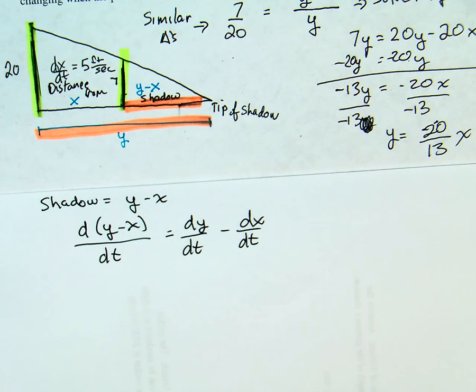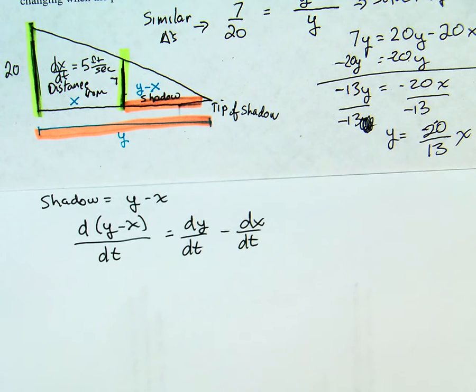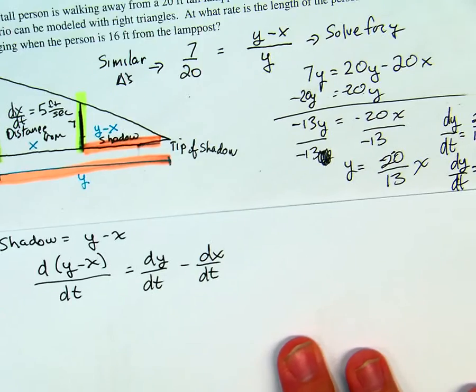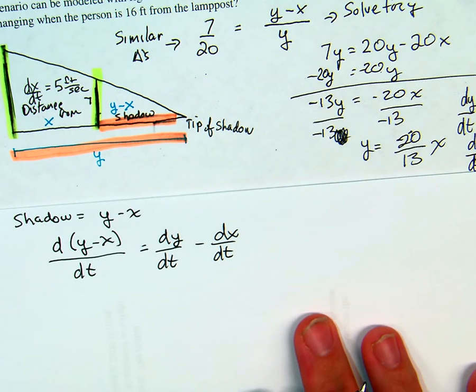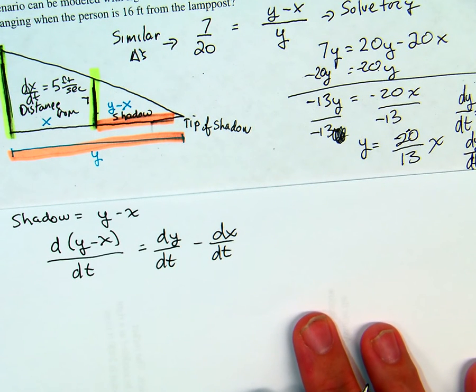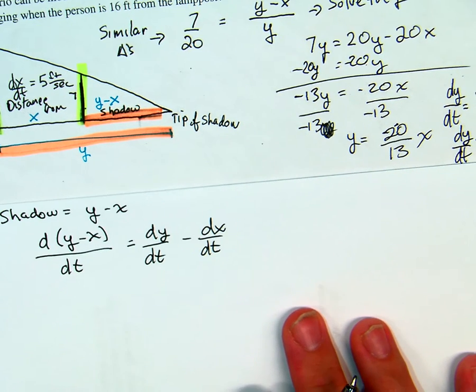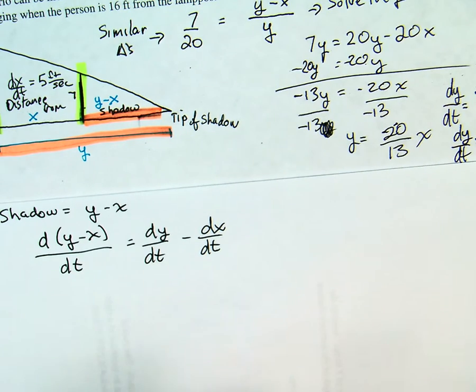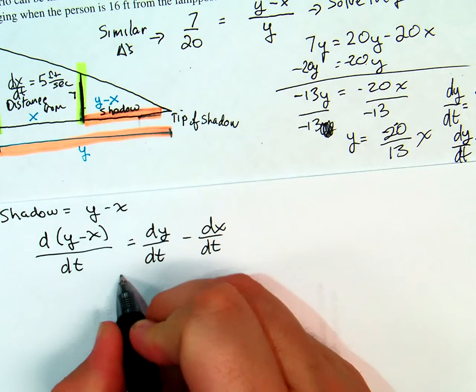I see people shaking their head already. It's all right. Just kind of go with the problem. Then I'm going to go step by step for what we did, so hopefully it makes sense. Now, do we know dy dt? 100 over 13 minus, I know dx dt is 5.